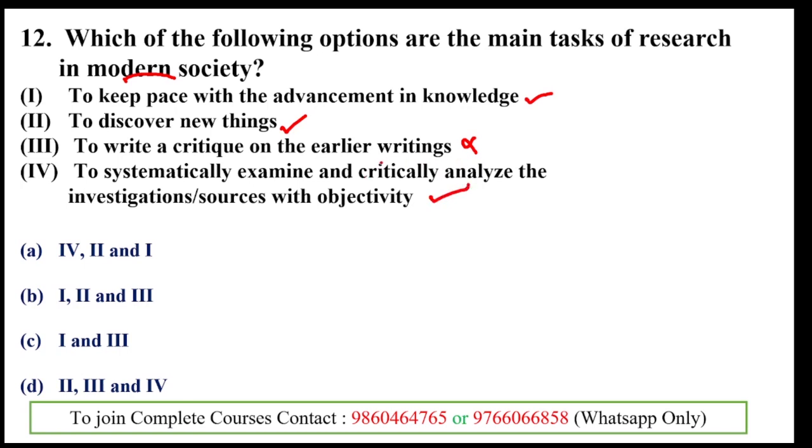Here critically analyze is the important word. But here it is to write a critic. Writing a critic means becoming a critic in the sense of being against that knowledge. We are not against that particular knowledge. We just advance or improve the existing knowledge into a new one. Clear? So 1, 2 and 4 is the right answer.